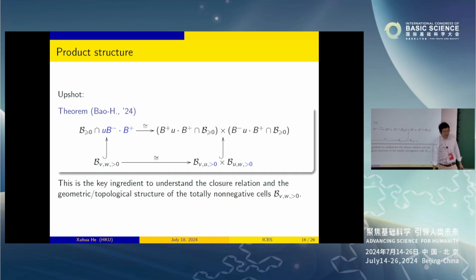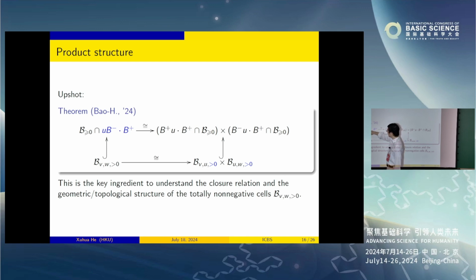Why does this become really useful? One thing is combinatorial: this reduces the study of the Bruhat order between v and w to something simpler. Also, it tells you how to study the closure of this inside this open cell.